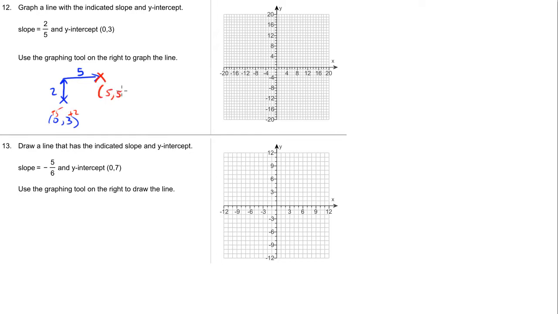This is 5, 5. And then I can do it again. Just as a nice little check, I should go up 2 over 5, and that'll take me to the point 10, 7. So kind of a flatter line. So 0, 3, about right there. 5, 5. Well, here's 4, 4, so that's about 5, 5, and 10, 7.